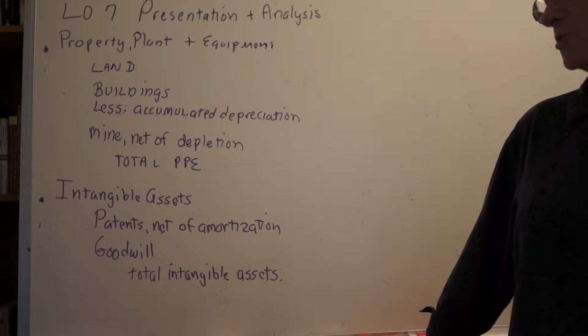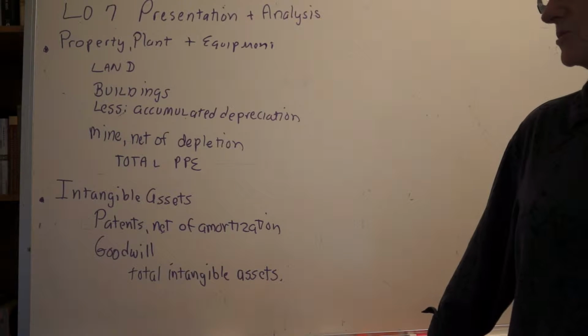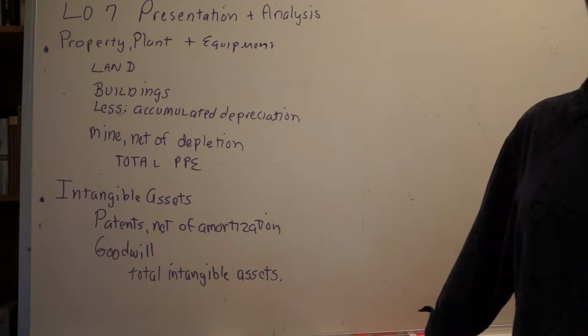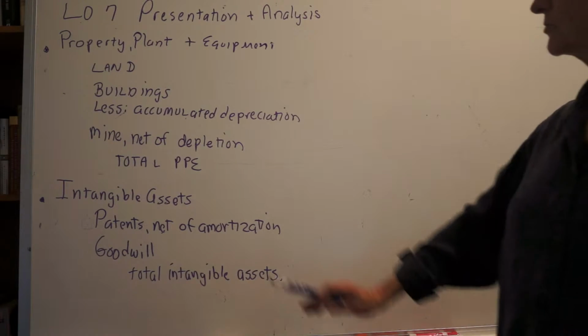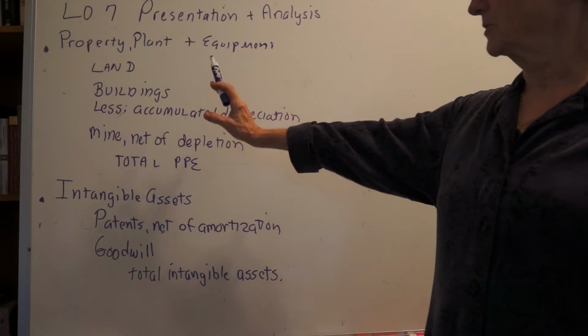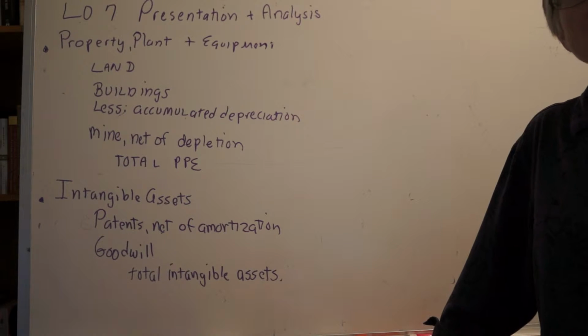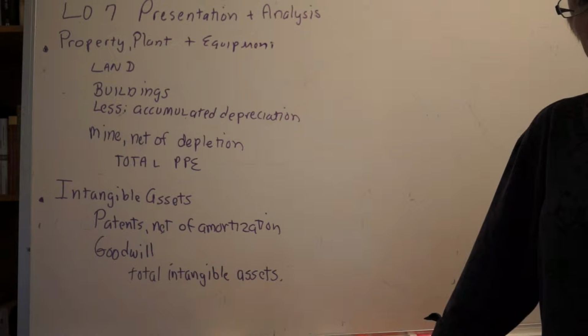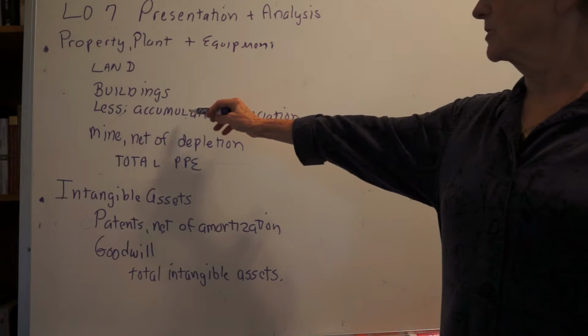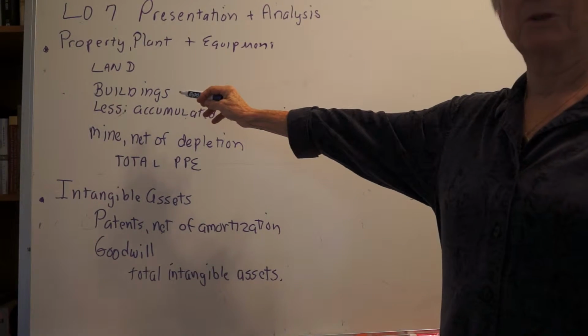Your book gives two different ways to do this. With, I think it's illustration 9-23, they sort of lump buildings, equipment, and land all together, and then have one account less accumulated depreciation. At this point, I would rather have the clarity of keeping the accumulated depreciation with the building it goes with.